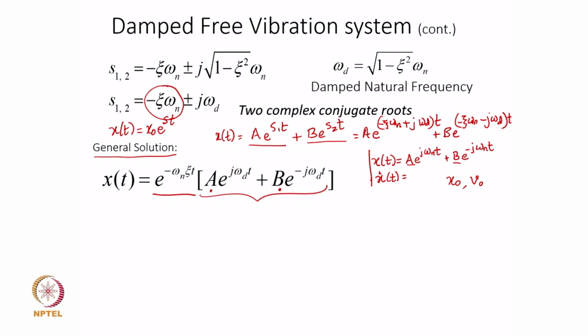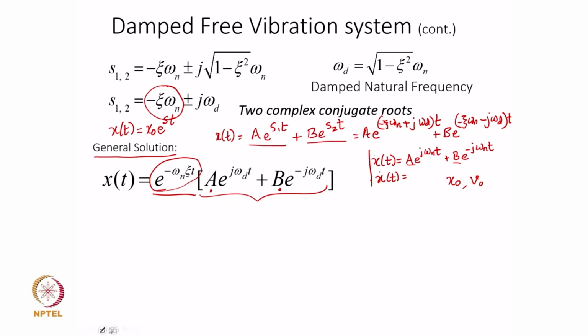Now, more important is to discuss how we make sense of the roots that we have got here. As this part is going to be a harmonic one and this part is going to be an exponentially decaying term, how would the overall response look?